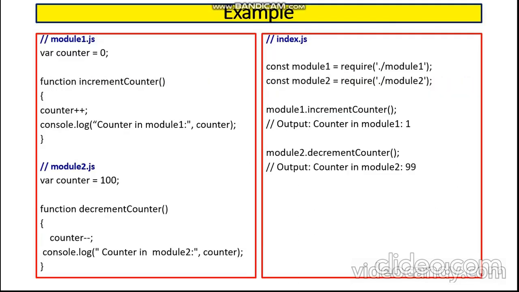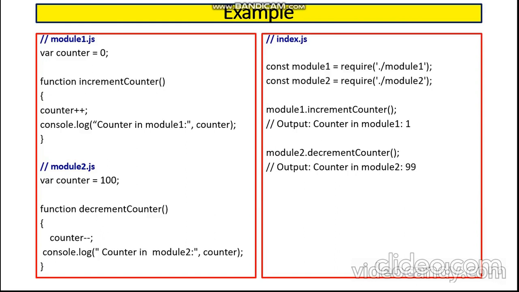So here in this example, I am creating two modules, or we can say two files. If you observe the first part of the panel, here I am creating two files. The first file is module1.js and the second file is module2.js.